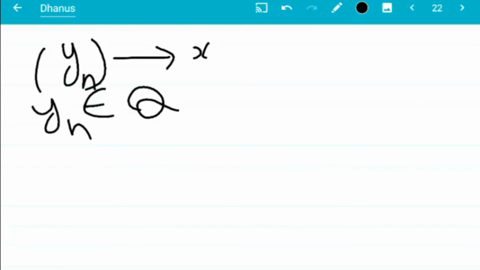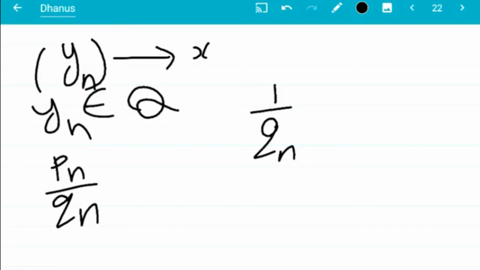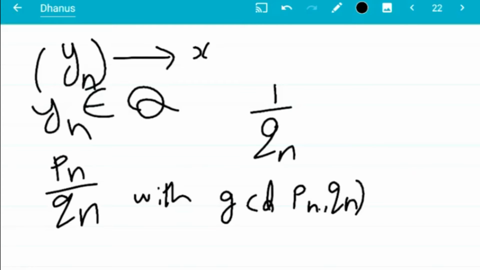Each ym I can write as Pn by Qn with GCD of Pn, Qn equal to 1. I have to prove that 1 by Qn tends to 0.